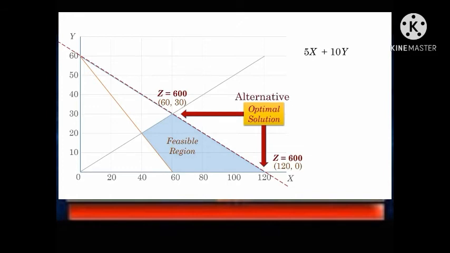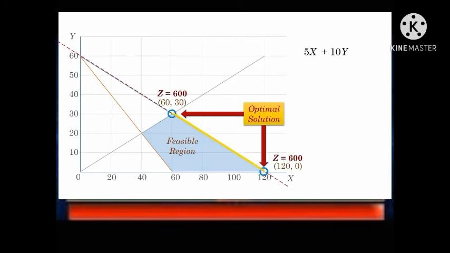This essentially happens when a constraint touching an optimal solution point, that is, a binding constraint, is parallel to the objective function line. Note that the left side of the first constraint is 1x plus 2y. And when you multiply that by 5, you obtain the objective function. Note also that not only these two corners are optimal solutions.